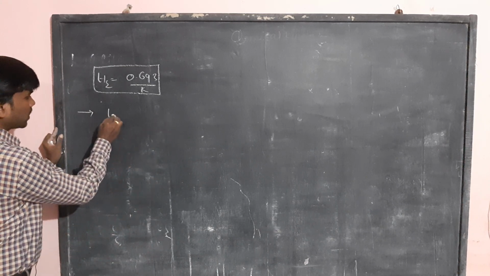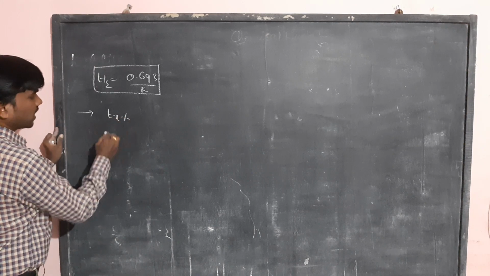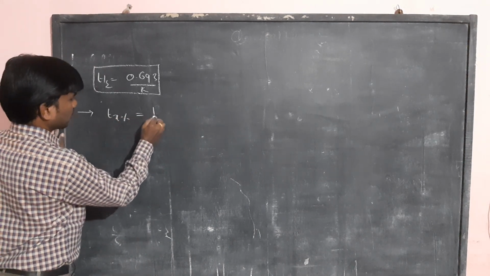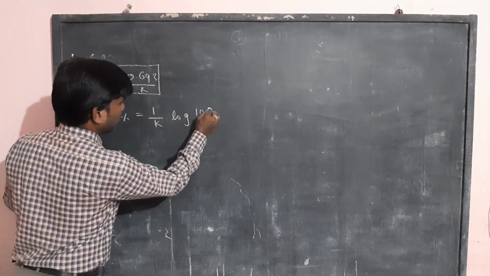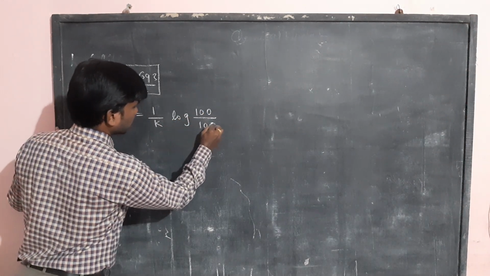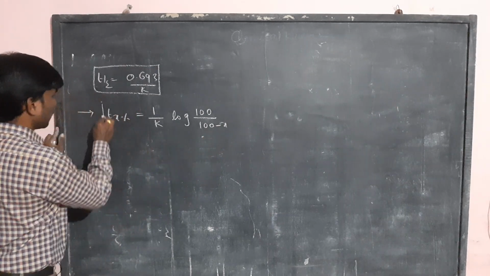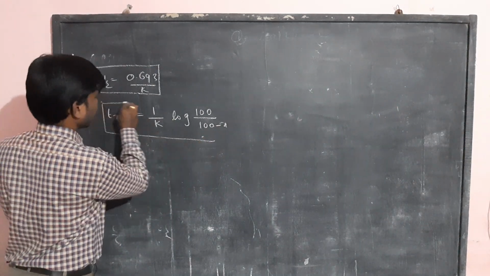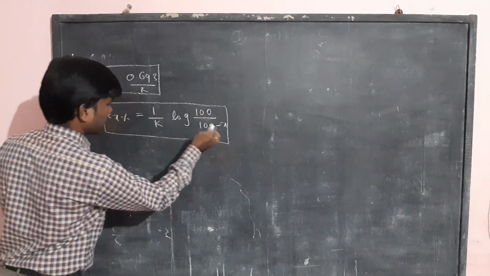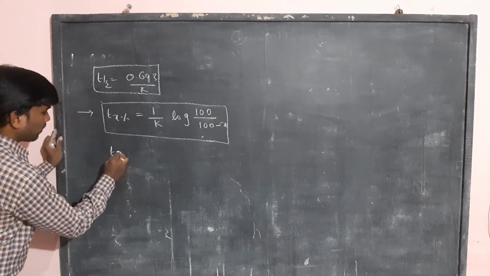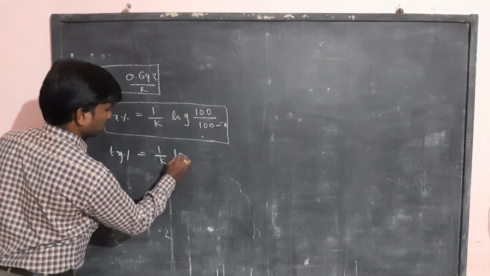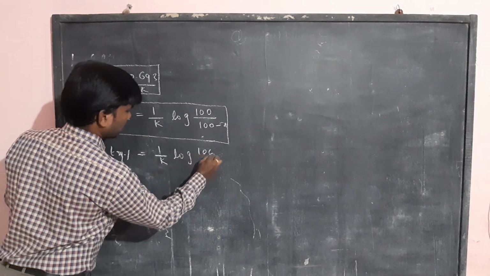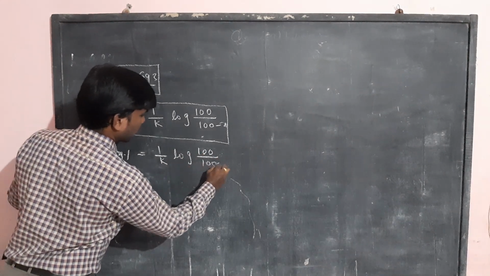Again one more equation: t x percentage, the time to complete x percentage, is 1 by k into log of 100 by 100 minus x. This formula we have to use. To complete 75%, to complete 35%, how much time is required, they will ask like this. And t y percentage is equal to 1 by k into log of 100 by 100 minus y.